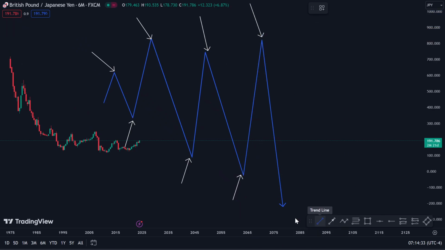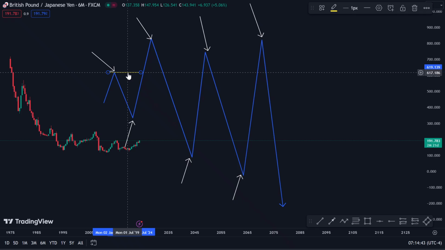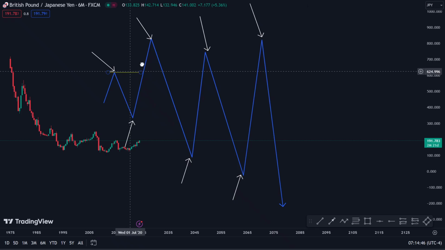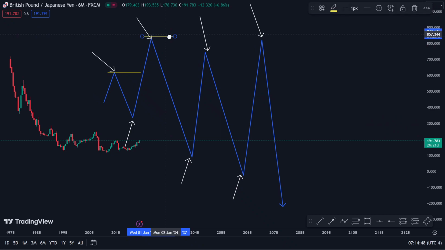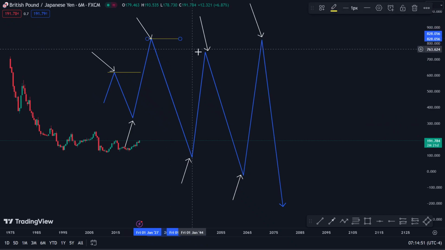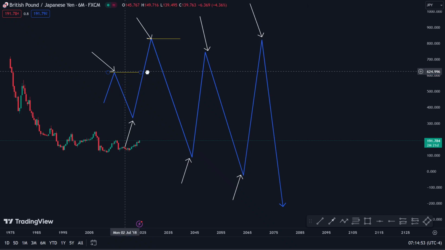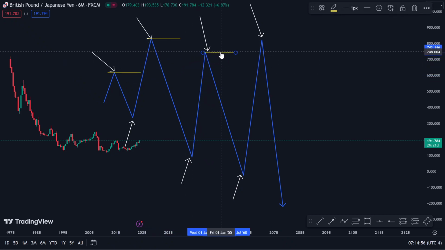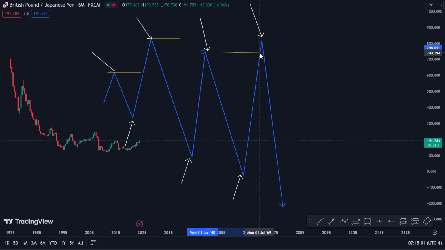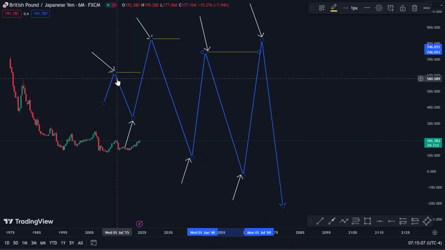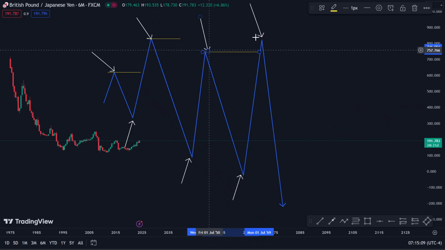And friends, I want to first of all start by saying above each and every swing high, like in our case we have this swing high, allow me to annotate the swing points. Above each and every swing high, we have a swing high over here, over here, over here, and over here.